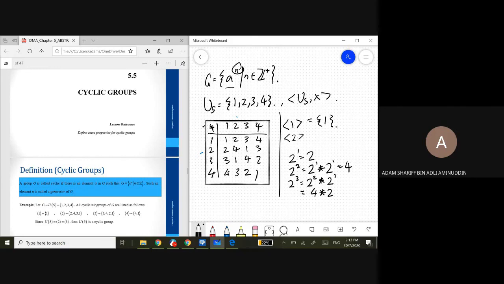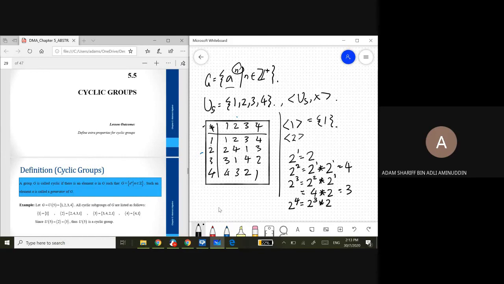Based on the Cayley table, this is multiply mode 5. Bukannya 4 times 2, 8. Saya tahu. Semua tahu 4 kali 2, 8. Tapi ini adalah 4 kali 2, 8 mode 5. You get 3. 2 to the power of 4 is 2 to the power of 3 binary operation with 2.